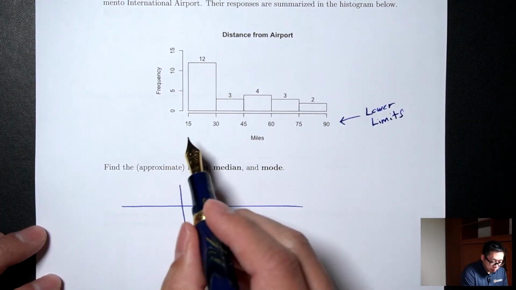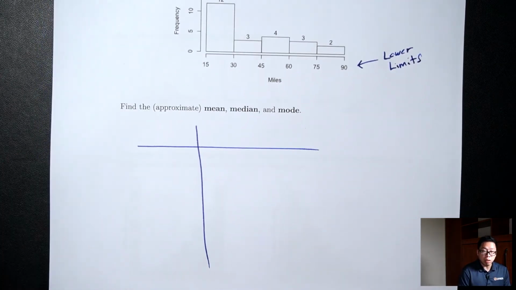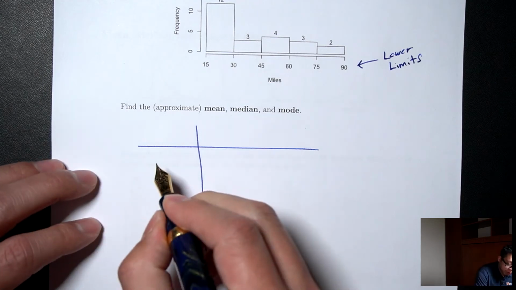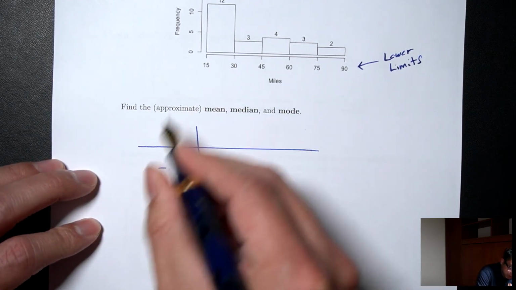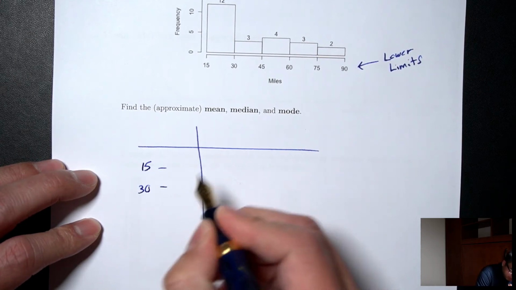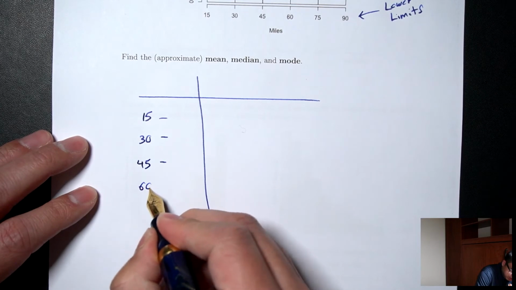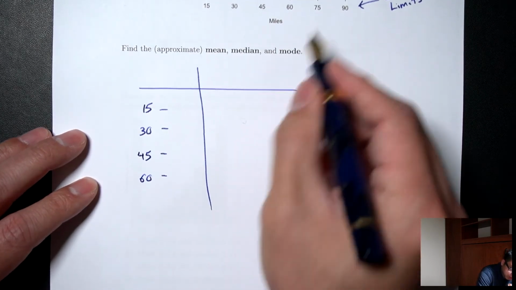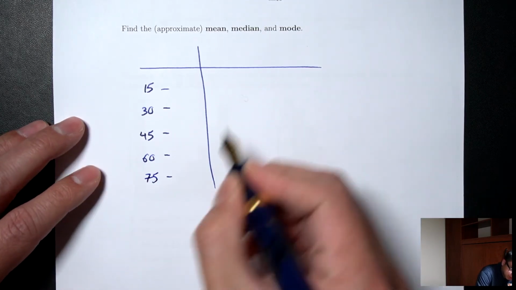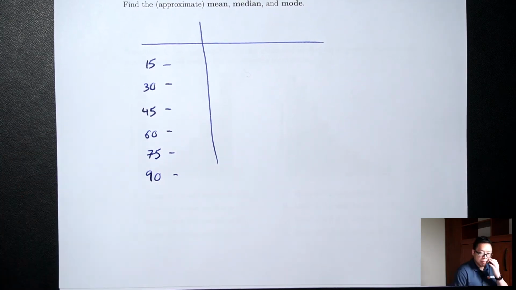Which means these numbers, 15, 30, 45, 60, 75, and 90, should be the lower number in each range. So my ranges should be 15 to something, 30 to something, 45 to something, 60 to something, 75 to something, and 90 to something. And actually, I probably won't even need the 90.